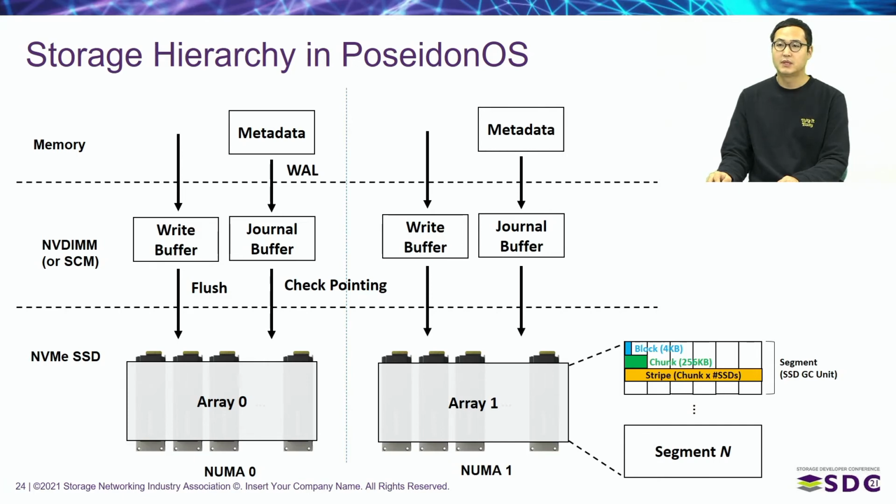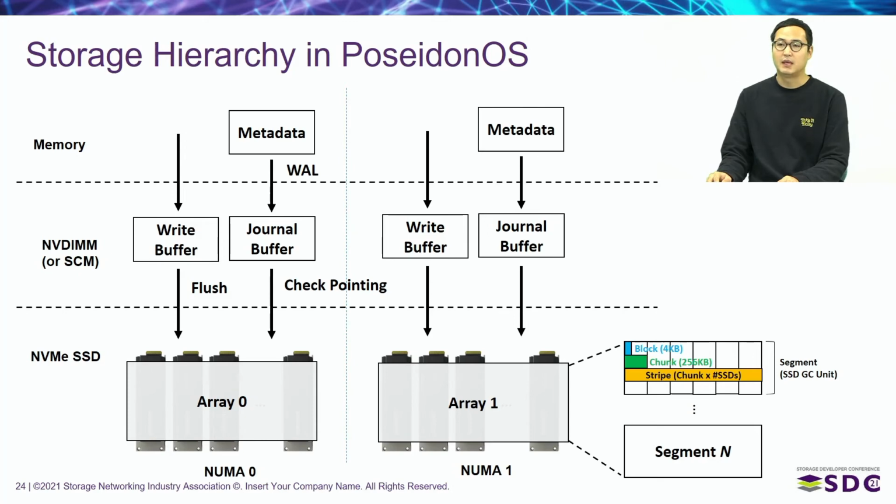Since all user writes are first stored in the write buffer, a flush operation to NVMe SSDs occurs, and the journal buffer requires periodic checkpointing operations. If you look at the NVMe SSD layer, you can see that Poseidon OS creates a RAID group called an array from multiple NVMe SSDs on a single NUMA node.